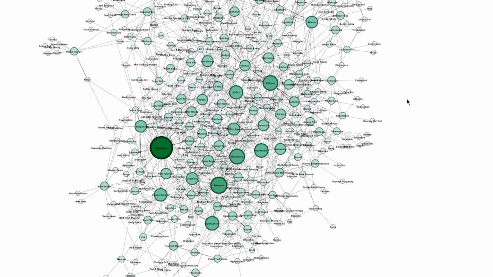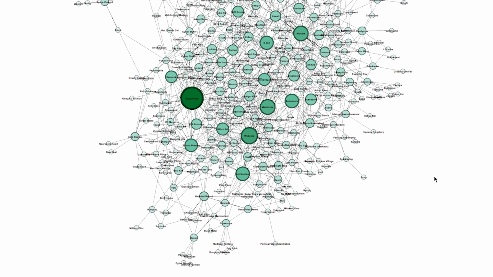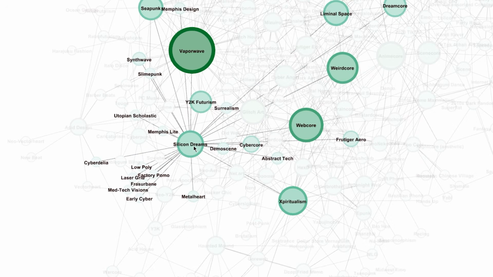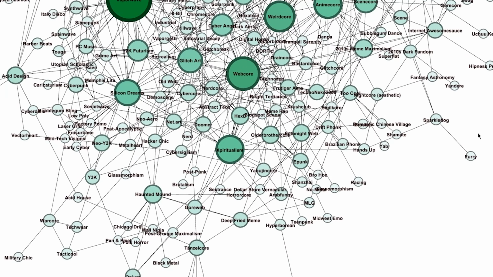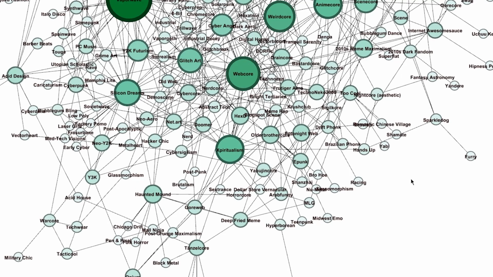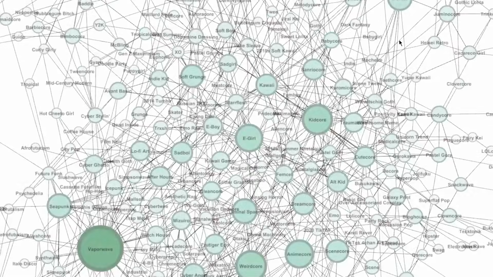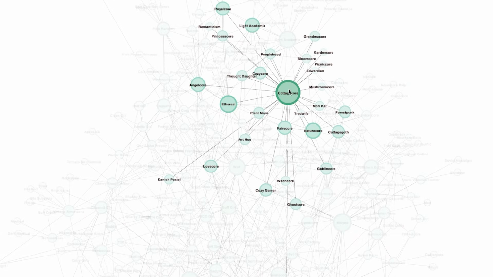Specifically, anything below Vaporwave, maybe more specifically below Silicon Dreams, you start to get into more, you could maybe even say masculine aesthetics, but I would say they aren't necessarily distinctly masculine. Whereas if you go to Cottagecore, a lot of these are very distinctly feminine.